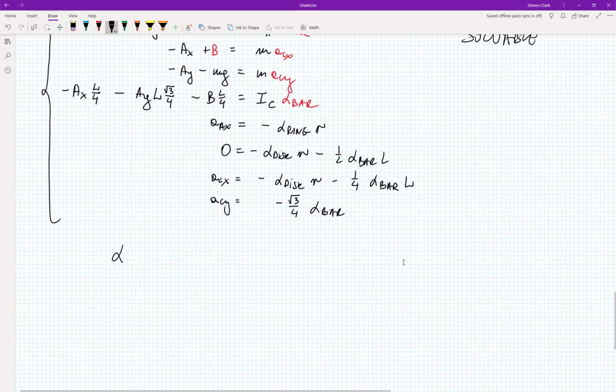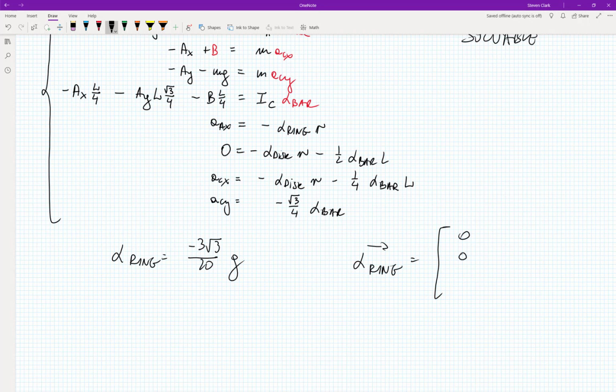So if you solve it at home, alpha ring is minus 3 square root of 3 divided by 20 G. And the vector answer is the following. Alpha ring is 0, 0, minus 3 square root of 3 divided by 20 G. So it is clockwise, right? Yeah, it is clockwise.